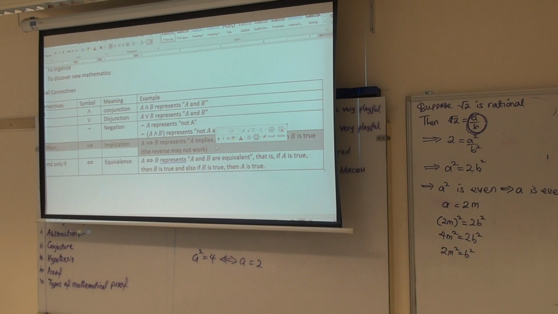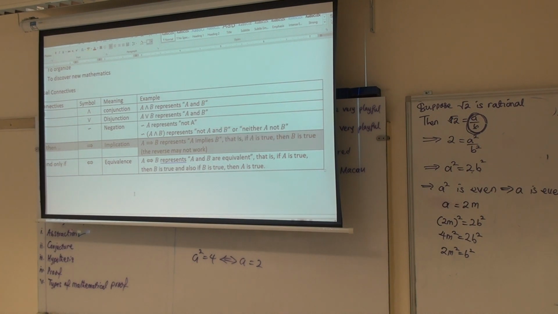We don't really need to emphasize the converse when talking about implication only. But when you're talking about equivalence, you are dealing with the implication and the converse as well. When the converse also holds, then you say you have an equivalence, which means A implies B, and also B implies A. So B implies A is the converse of A implies B, the opposite direction, if I may put it that way. Does it make sense?